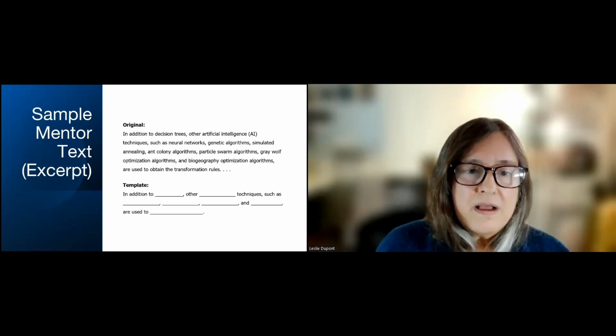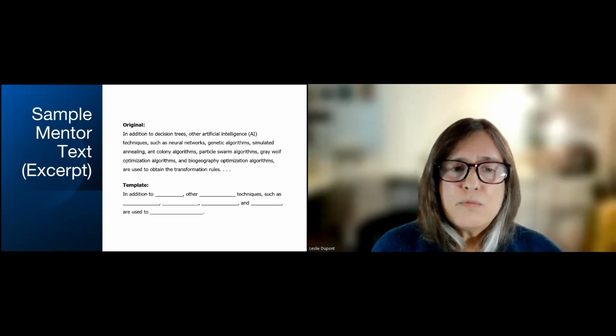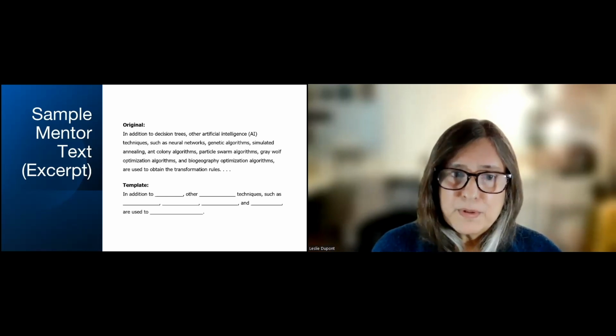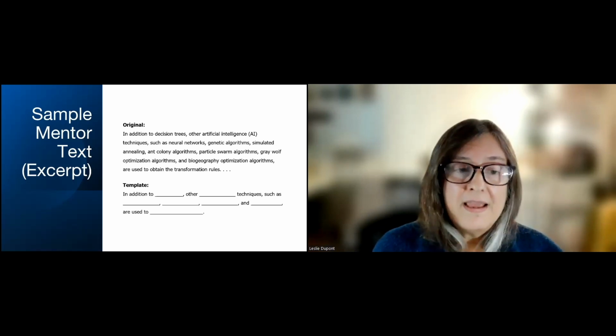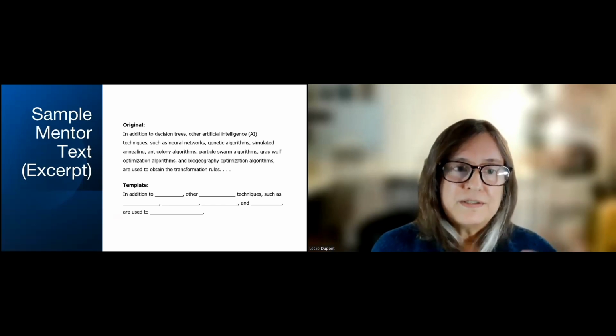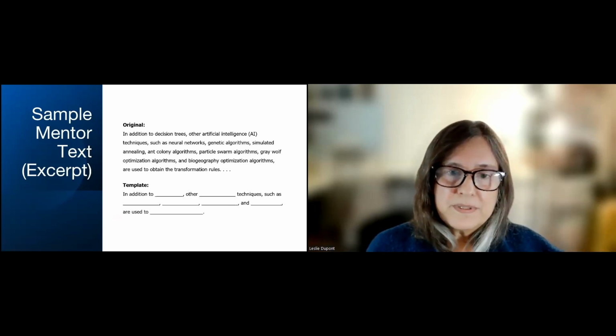So here I have a passage that is very logical, very well organized. I believe this was from a computer science journal. I'm not worried about whether I'm an expert in the topic as long as I have an understanding of the structure and its purpose. And so what I did was I just excerpted it as an example.